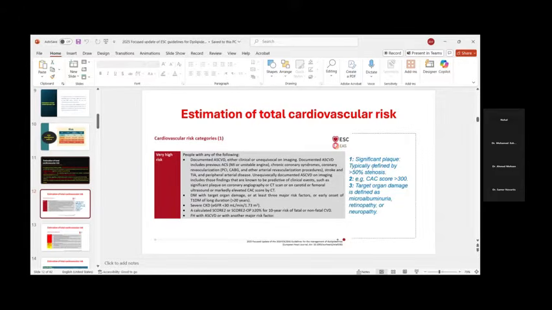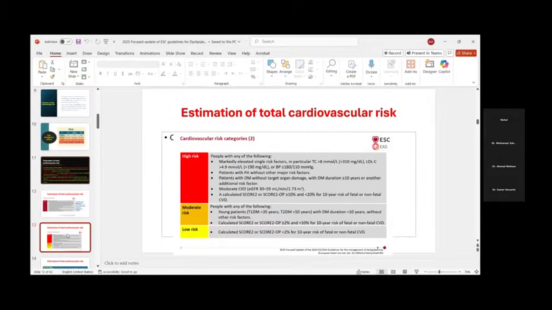And the definition of significant plaque in patients with atherosclerotic cardiovascular disease was clearly defined as stenosis more than 50%. It wasn't clear in the old guidelines. Calcium score value more than 300 was added. And the target organ damage in patients with diabetes is defined as microalbuminuria, retinopathy, or nephropathy. Otherwise, no change from the previous guidelines.